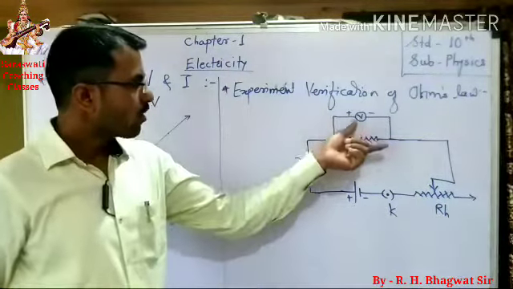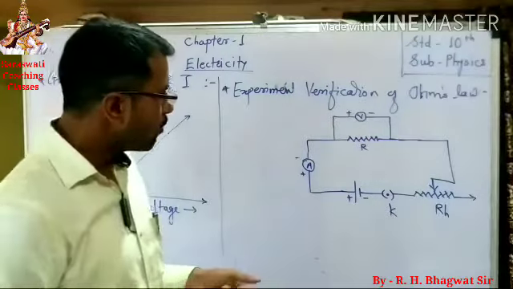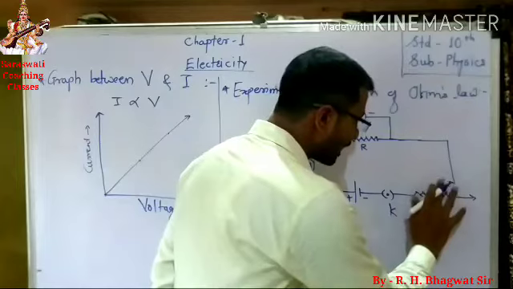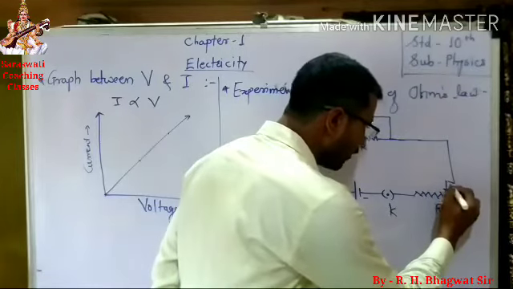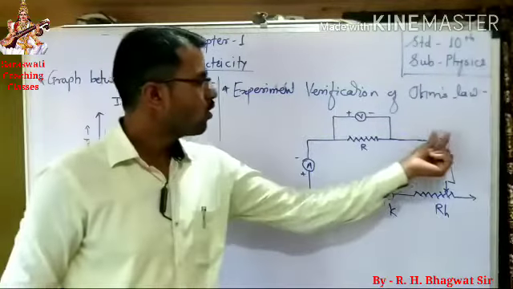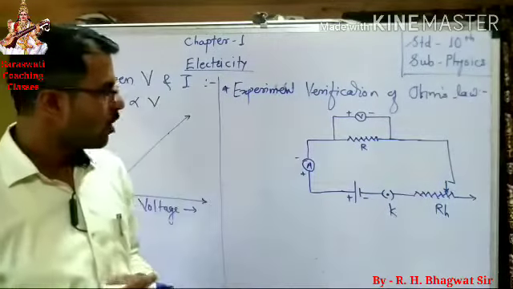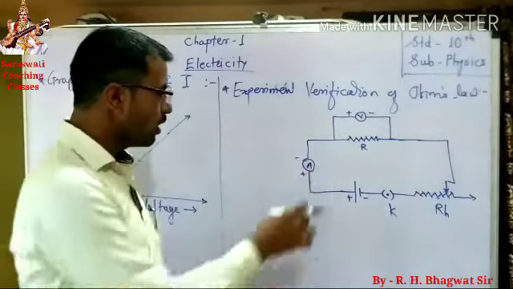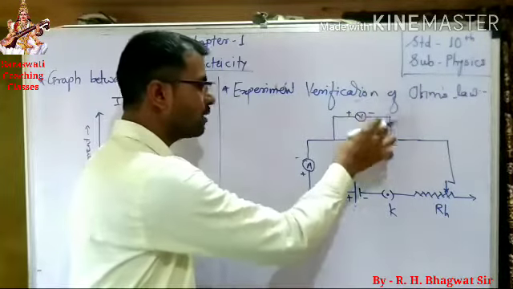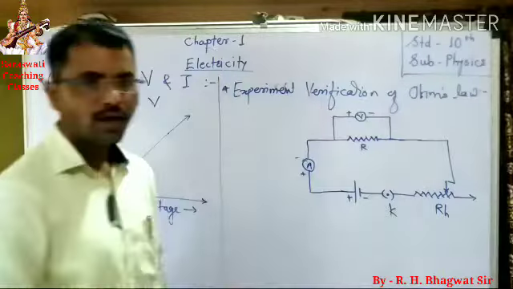Now from this circuit, first we have to maintain the rheostat at its higher value so that a small amount of current flows through that circuit. First we have to note down the small amount of current flowing through that circuit and the potential difference applied across the resistance.